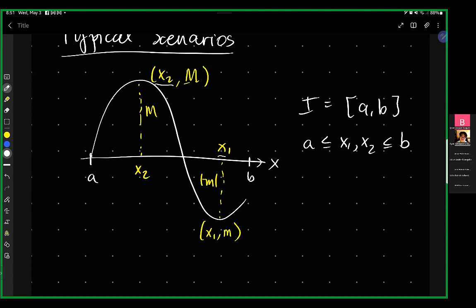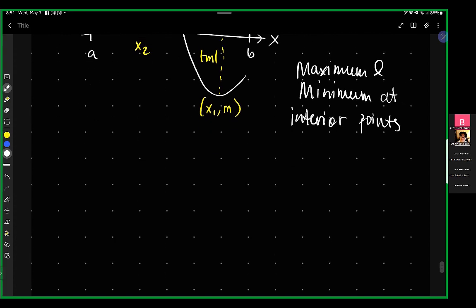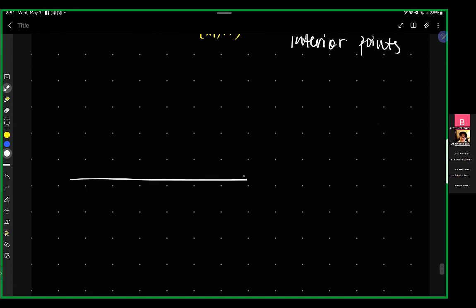So we can see from this case that the maximum and minimum are found at interior points of the interval. Okay, so that's the case for this one. Another case is when you have a function like this.